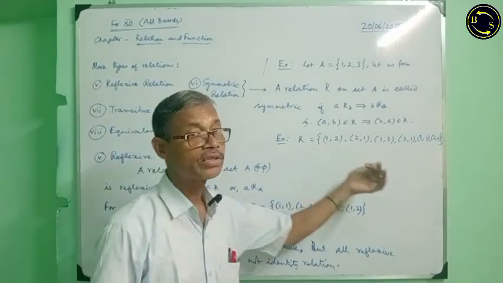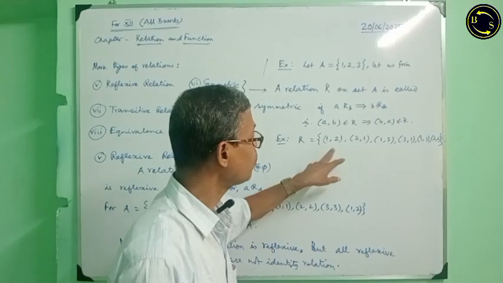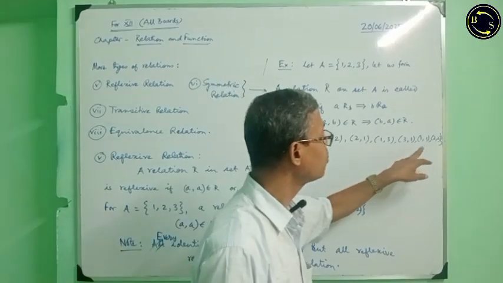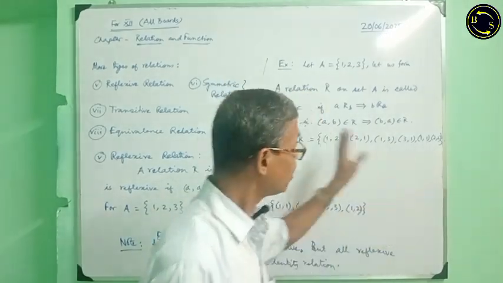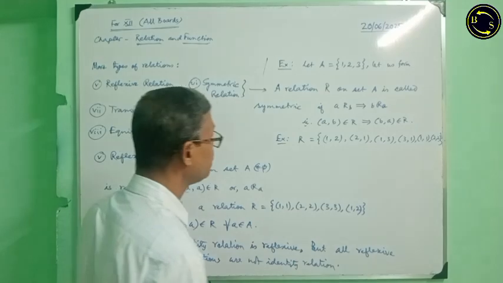I have taken this relation having ordered pairs (1,2), (2,1), (1,3), (3,1), (1,1), (2,2). Now, let me clarify.